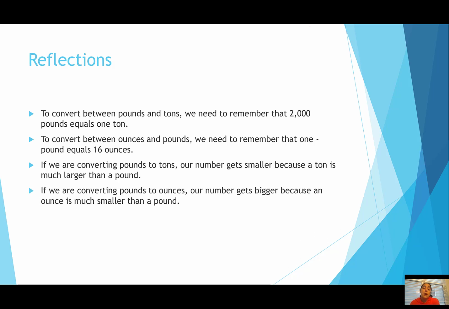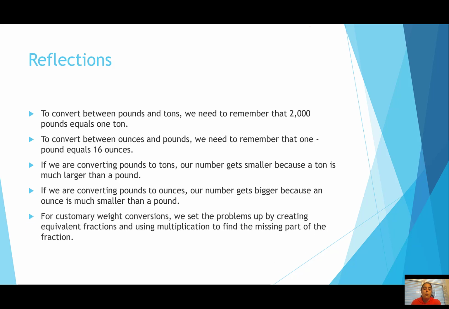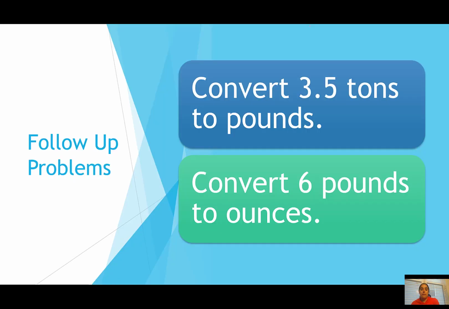If we are converting pounds to ounces, our number gets bigger because an ounce is much smaller than a pound. For customary weight conversions, we set the problems up by creating fractions and using multiplication to find the missing part of the fraction. So we're creating equivalent fractions and finding the missing part.